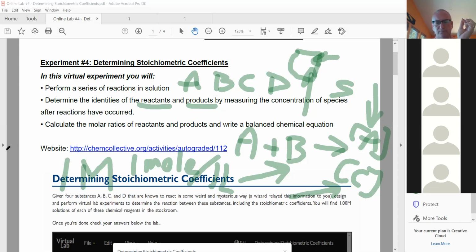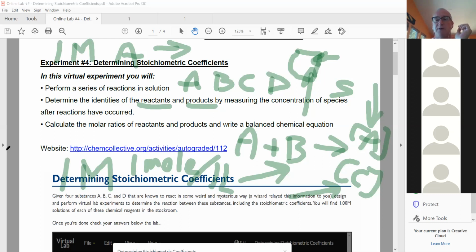And so when you add them together, remember that when you take a 1 molar solution of, let's say, A, and then you dilute it, and it's now 1/4, let's say you add an equal amount. We'll do this reaction first. You add equal amounts of all 4.